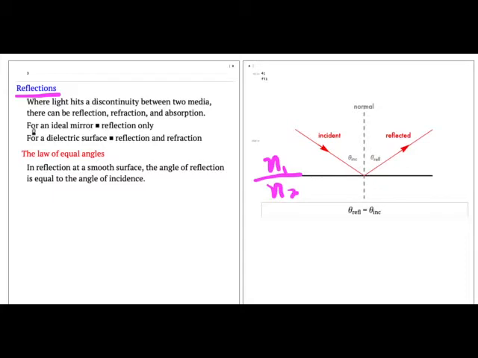Now, the ideal reflection is a mirror, an ideal mirror. In an ideal mirror, like a piece of highly polished silver, there's only reflection. For a dielectric surface, like a polished surface of glass, there will be reflection and there will also be refraction.